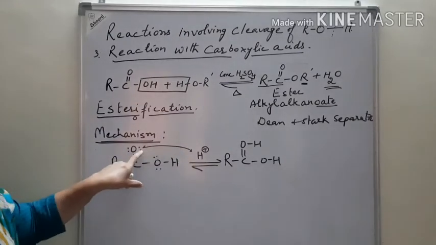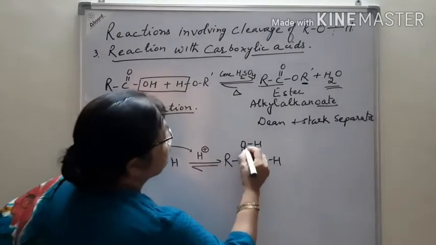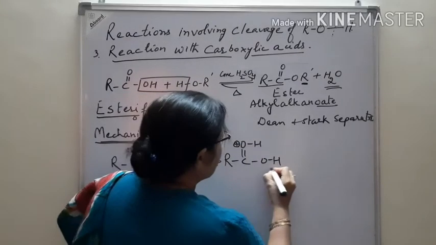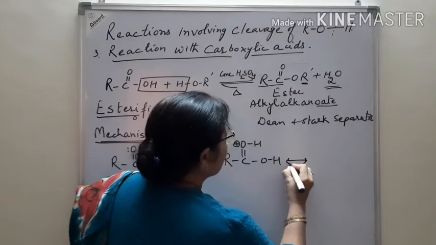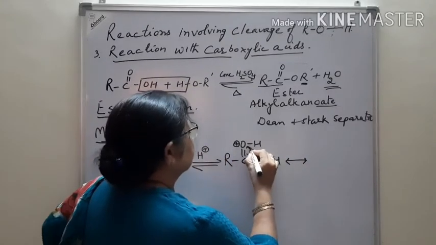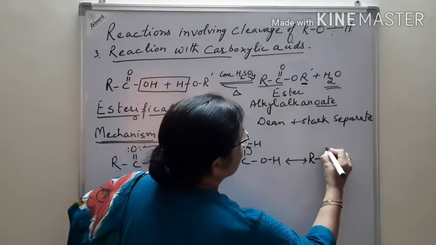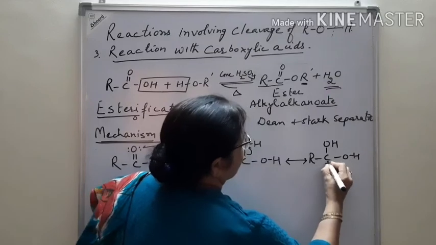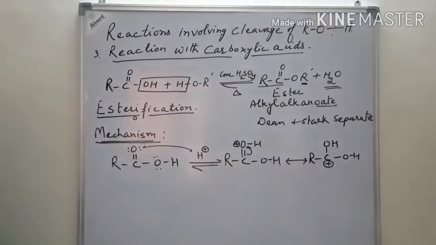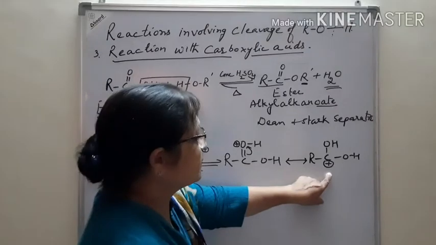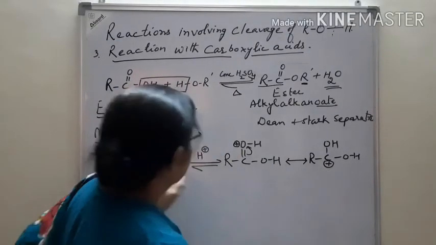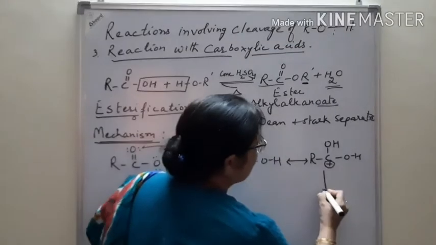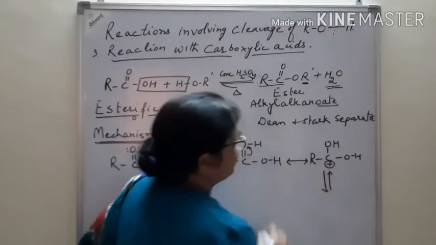H positive ion, no charge, it means oxygen forms 3 bonds, positive charge. Now this one undergoes resonance, the pi electrons shifted here, and the second resonating structure is this one. Carbon has more positive charge, right? That acid catalyzes it for attack of the weak nucleophile.